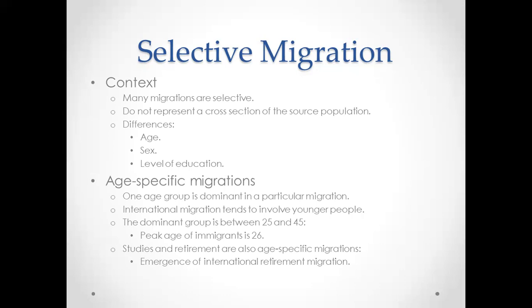Studies and retirement are also age-specific migration, and there is the emergence of international retirement migration. Those are the old ones; the young ones migrate for studies, for example with a scholarship from the government or CHED, and you study for 2 or 5 years.